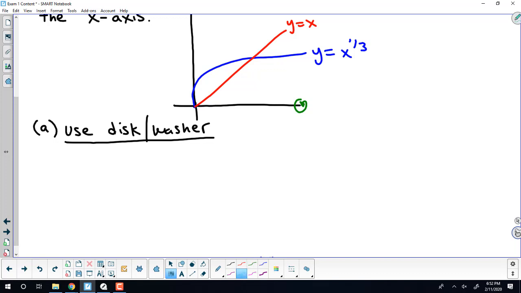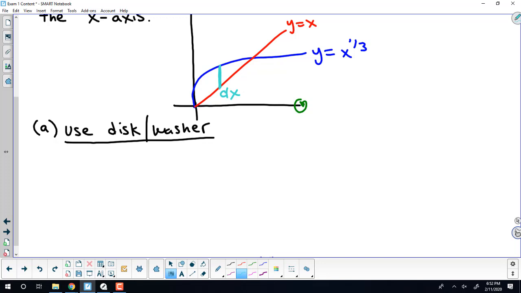So we're rotating it around the x-axis, and we're using a disc or a washer. When we cut into this, which way do we have to cut into it? Up and down or left and right? Up and down, right? Disc washers are always perpendicular to the axis of revolution. So I need to integrate with respect to x. I can't stress the importance of that.